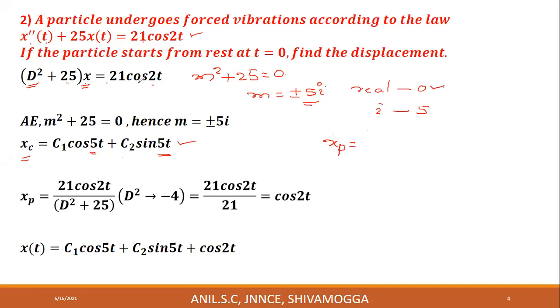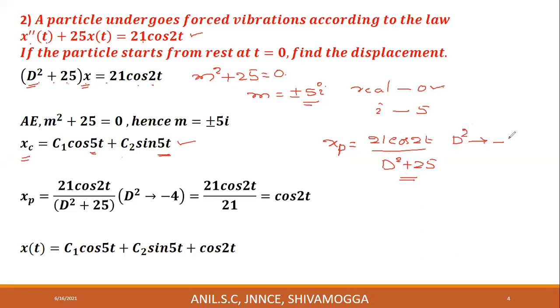This is equal to 21 cos 2t divided by f of d, which is d square plus 25. What kind of particular integral is this? Type 1 or type 2 or type 3? Type 2, because the numerator is a trigonometric function, and the approach is to replace d square by minus a square.